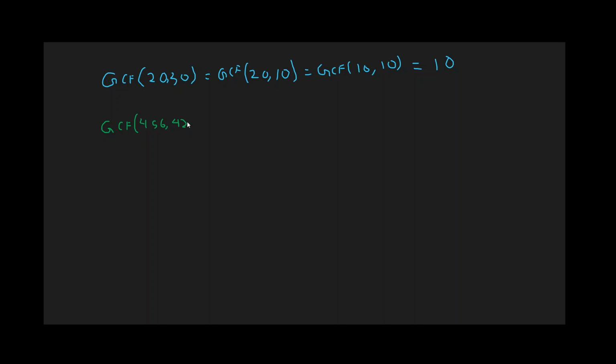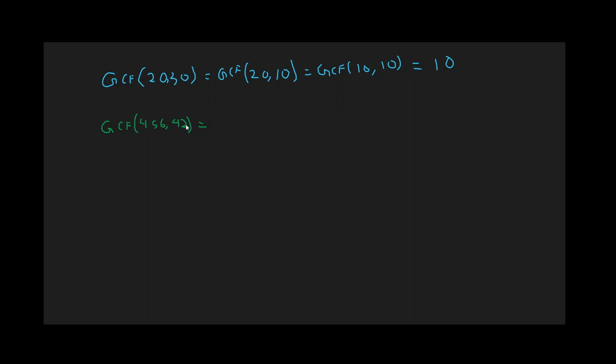456 minus 42 is equal to 414 and 42. Now we do the same process again.